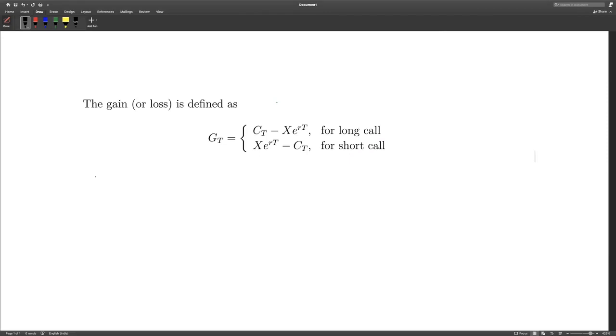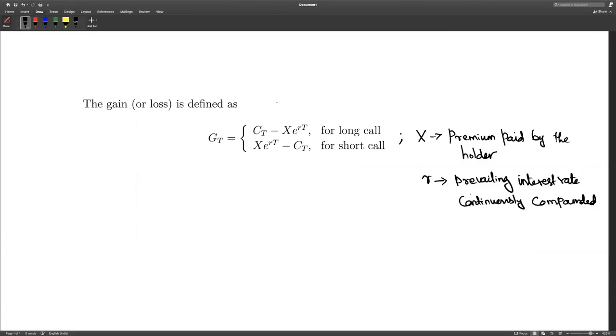Let X be the premium paid by the holder, and R the prevailing interest rate, continuously compounded. Then the gain or loss, depending on the sign of this expression, is given by C of t, which is the payoff, minus the premium paid amplified by the continuously compounded amplification factor. And this is for the long call, that is, the call option from the holder's point of view.